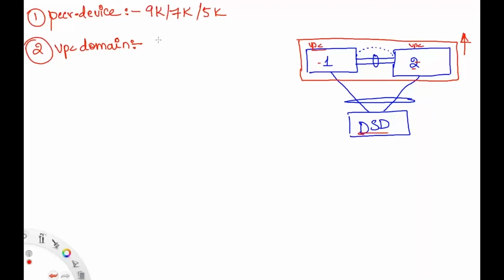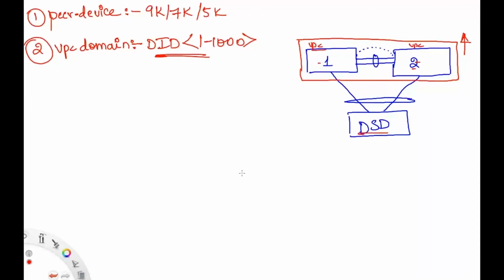Did everyone understand? If I'm configuring VPC between these two peer devices, they form one VPC domain. That VPC domain must be given its own domain ID. The range for the domain ID is from 1 to 1000. And this is mandatory. You have to give it.